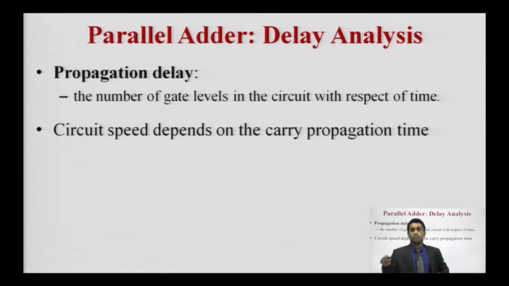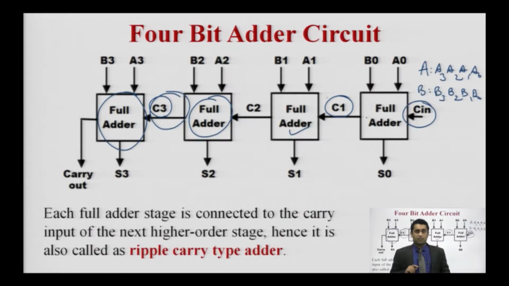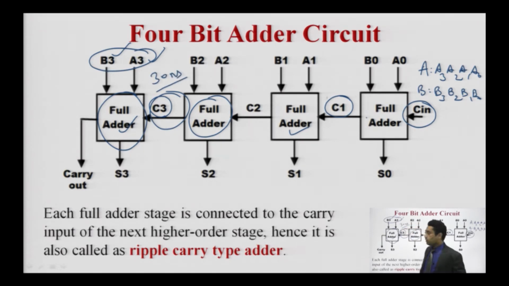So, this is the propagation delay, and you are able to see in that example that this data is instantaneously present with this full adder, but after its availability it is still waiting for 30 nanoseconds to receive this part. So, this is the issue.